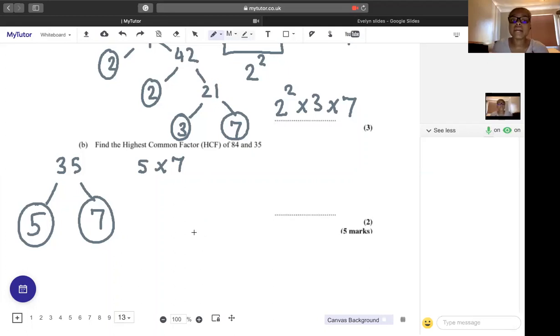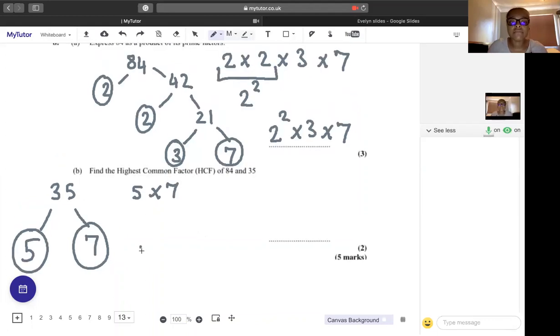So to work out the highest common factor, as we've done previously, let's just list the prime factors that we already have. So we know that 84 is equal to 2 times 2 times 3 times 7, and 35 is equal to 5 times 7.